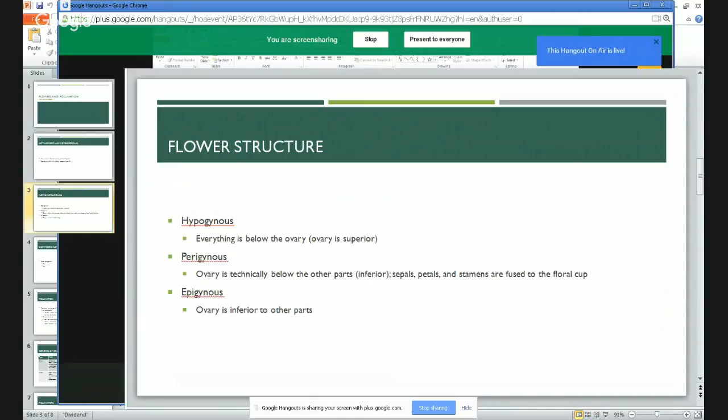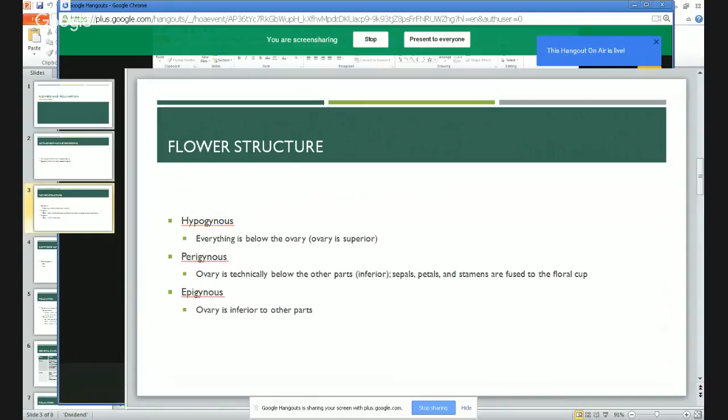When you're talking about an epigynous floral structure, you're talking about where the ovary is inferior to the rest of the other whorls, so the petals, sepals, etc. There's two different pictures there. The left one is an apple flower, and so the stamens are attached to the top part of the ovary.